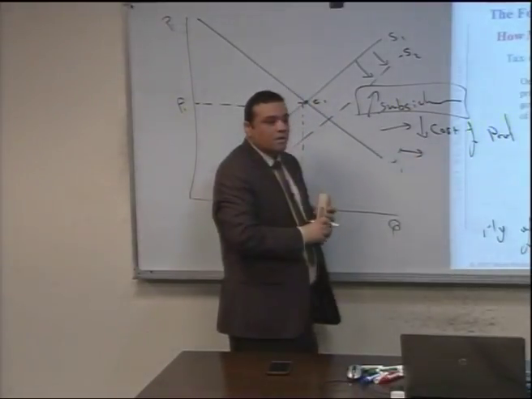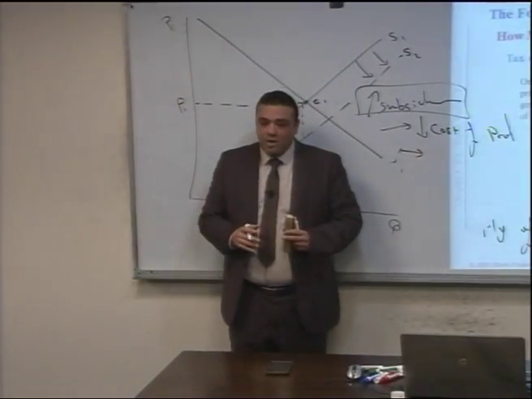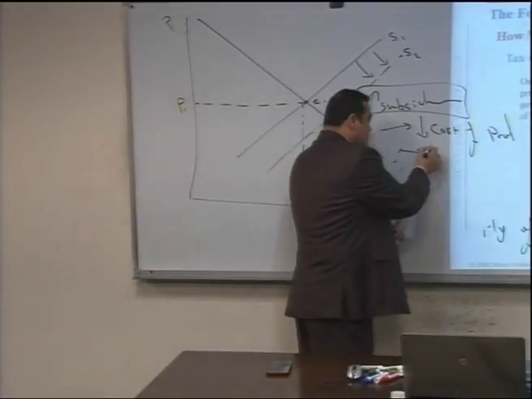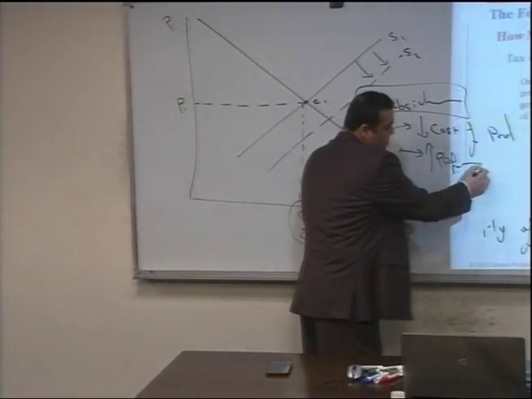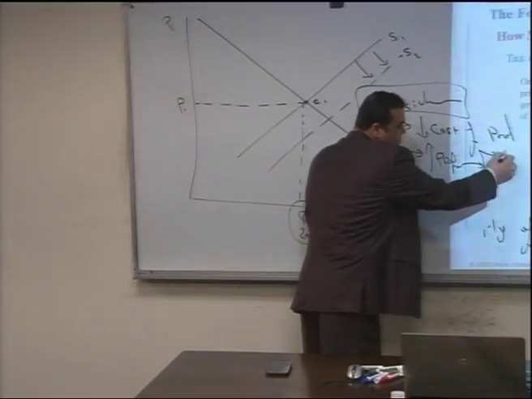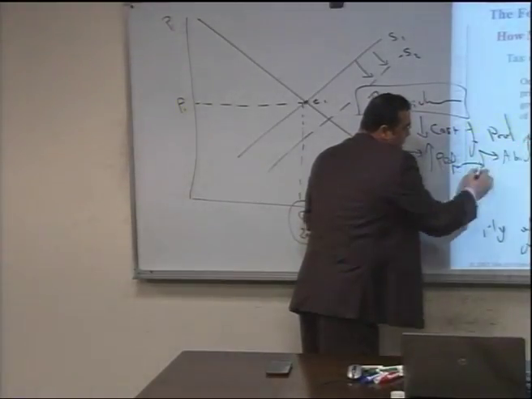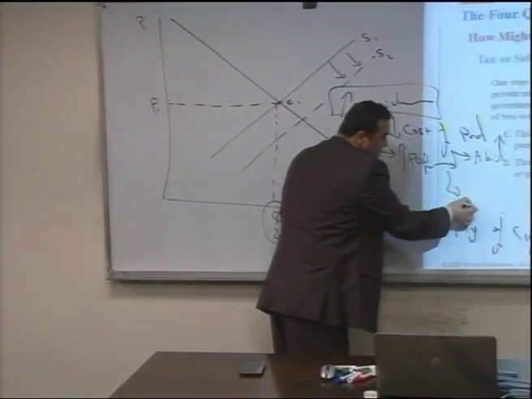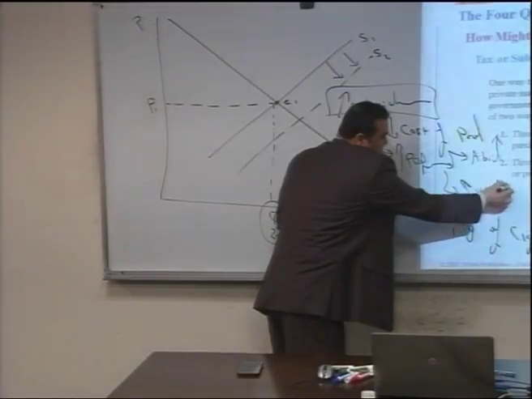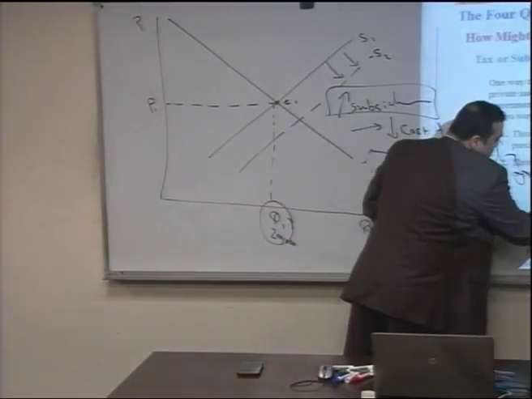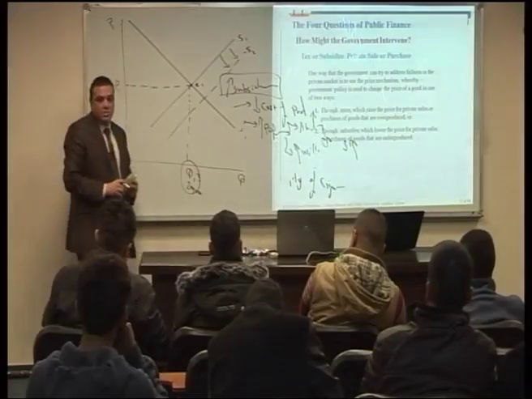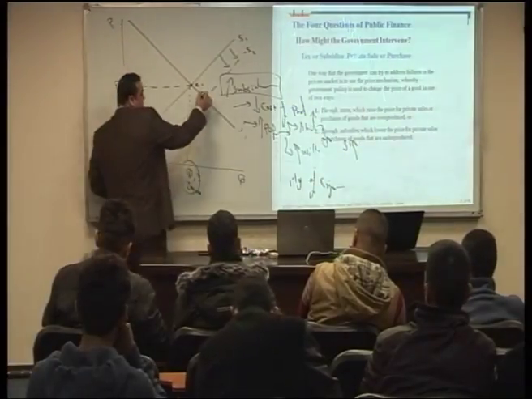Hence, the profits actually will go up. The ability to produce will go up, and the willingness to produce as well will go up. Then supply will go up. So we have a rightward shift in the supply curve.